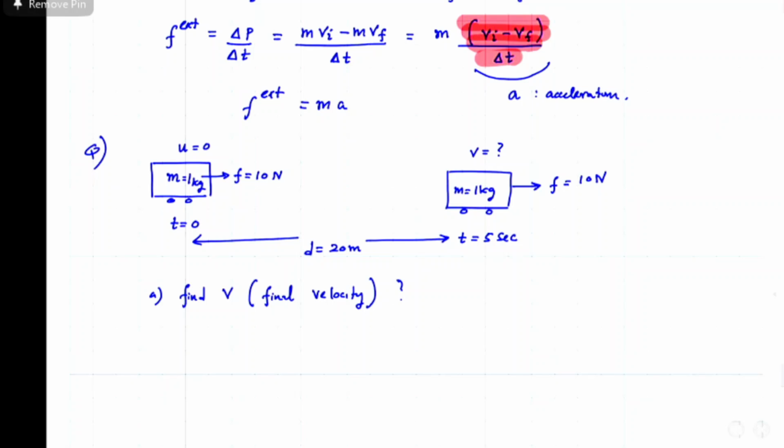What is the answer? 50. Then what is the answer? 50. Let's see what you did.